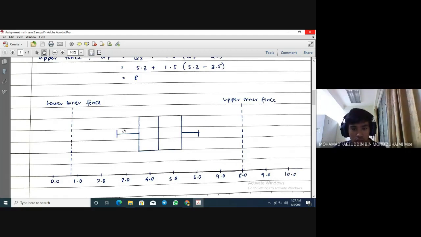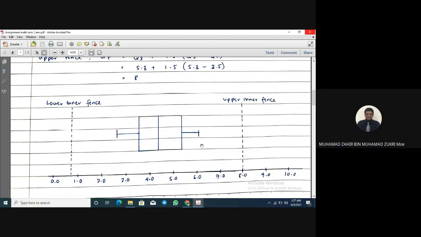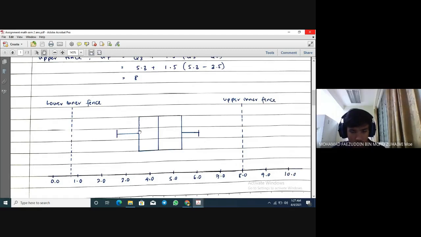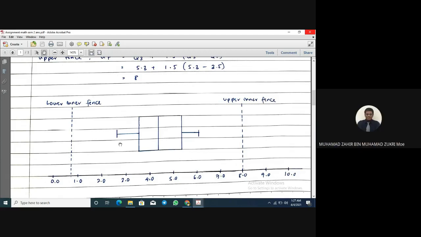for this diagram. And then we just draw two horizontal lines. Firstly, we just draw this small line as the lower inner fence and upper inner fence, and then we draw the two horizontal lines as the minimum value and maximum value.